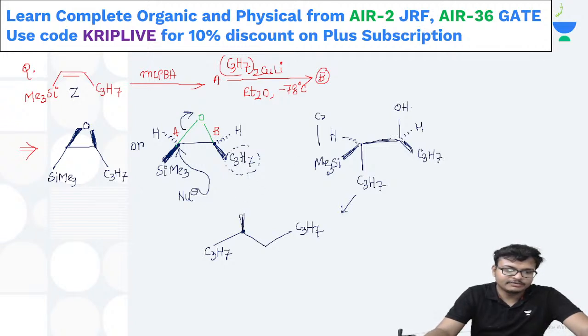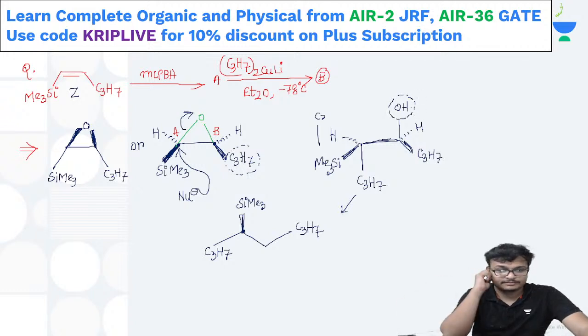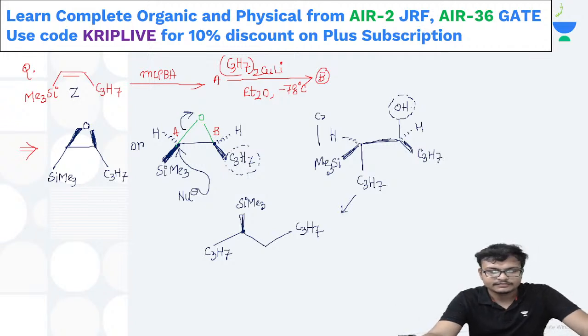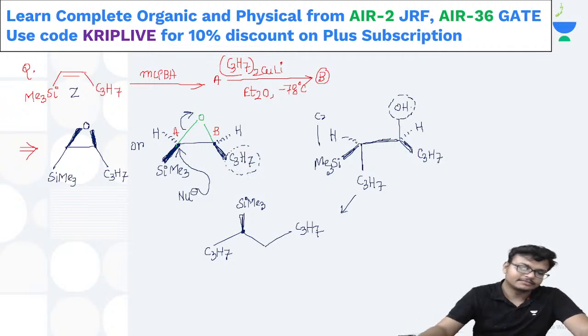So SiMe3 will be remaining as it is. But whenever you are taking care of this one, now tell me, what will be the stereochemistry of the hydroxy? What will be the stereochemistry of the hydroxy?